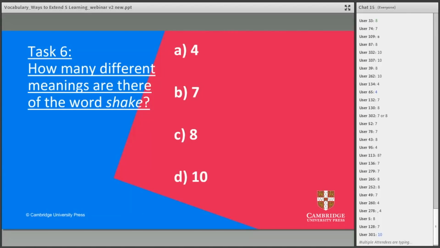Okay, we're getting around the 7, 8 mark. It's quite a range. Some people are saying 10, some people are saying 4. I'll just pause a minute to give most people a chance to type in their answer.